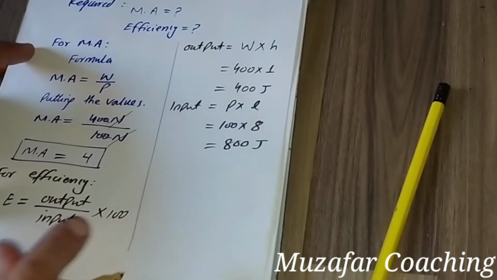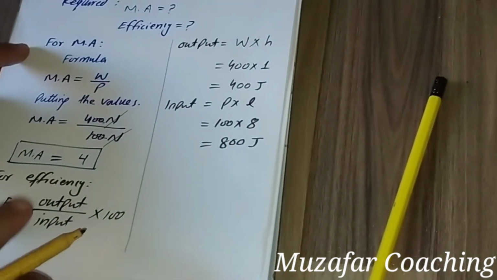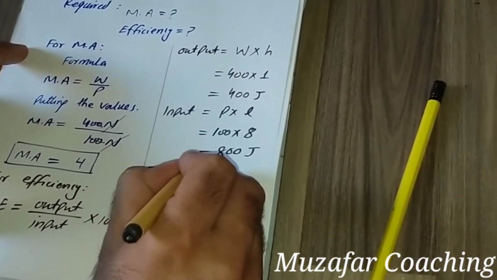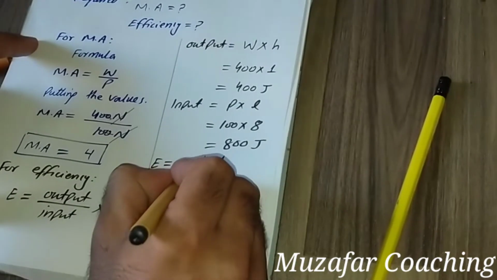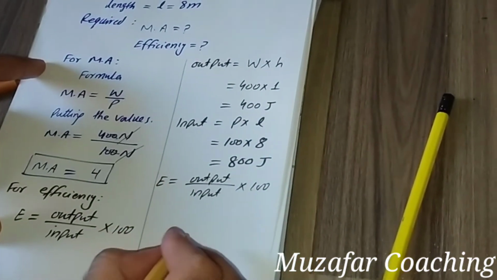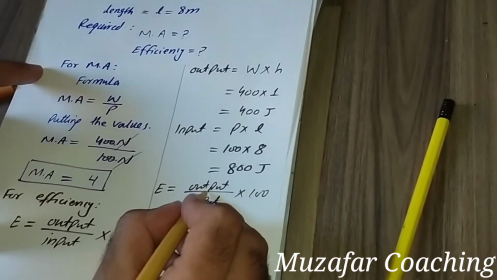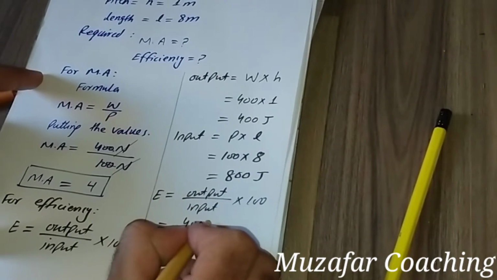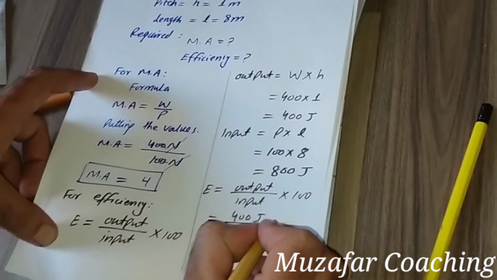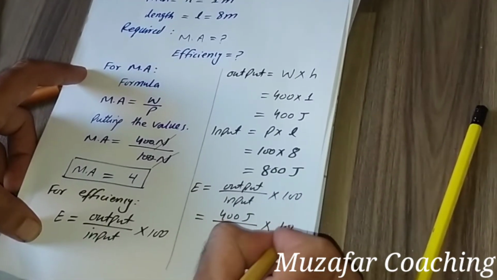Now we have to plug the values into this equation. E is equal to output divided by input multiplied by 100. Putting the values, 400 joules divided by 800 joules multiplied by 100.